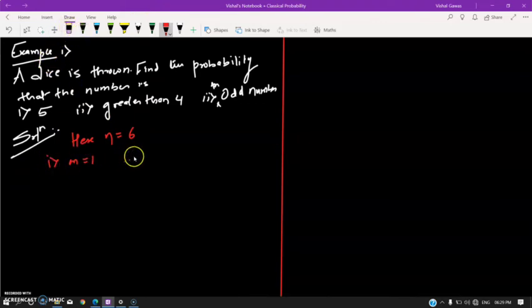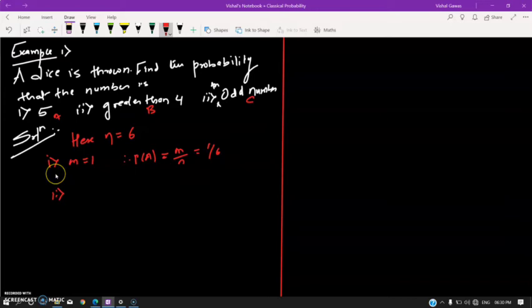Therefore, if I name these as events A, B, and C, you write down: let A be the event of getting 5. Then probability of A would be equal to m upon n, which is nothing but 1 over 6.